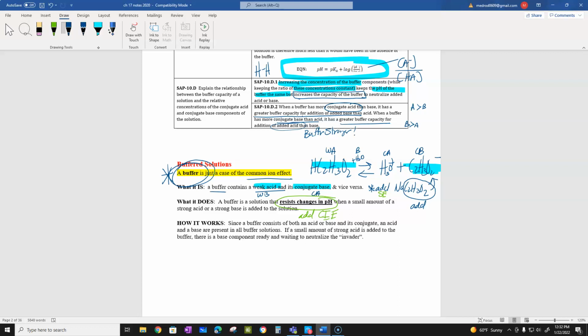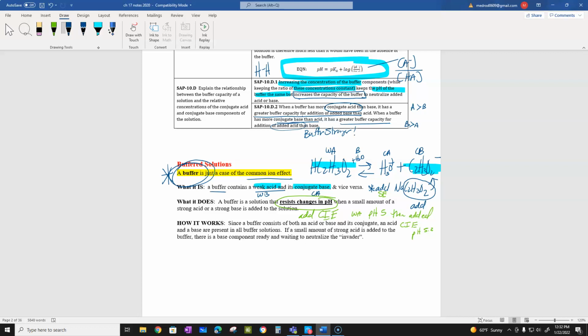So maybe that weak acid alone, I'm just spitballing here, maybe the pH was like 5. And then when you added the common ion, maybe the pH went to like 5.2. Do you see how small of a change that is?